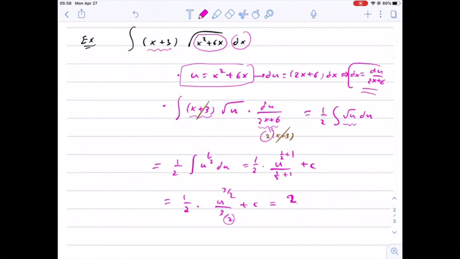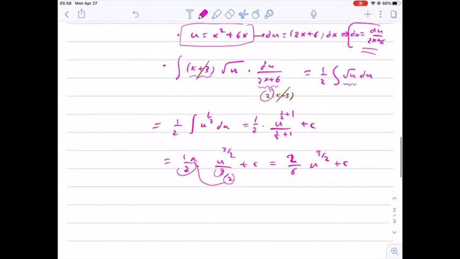It becomes 2 over 3 times 2, 6 u to 3/2 plus c, and that is 1/3. u is x squared plus 6x raised to power 3/2 plus c.